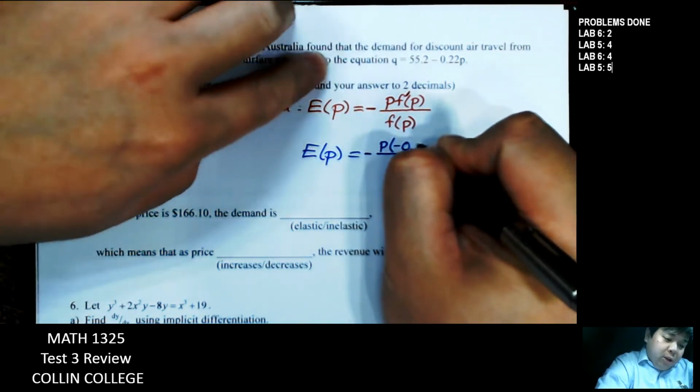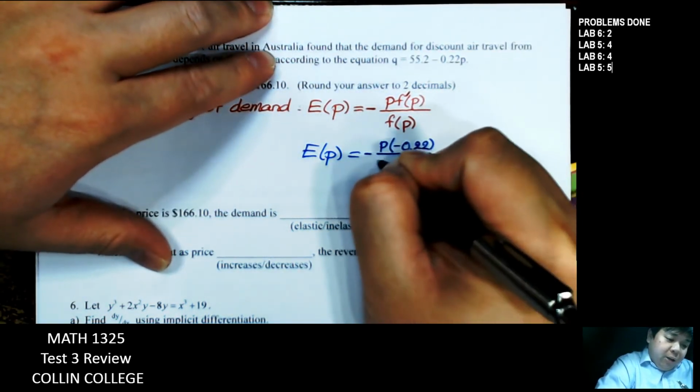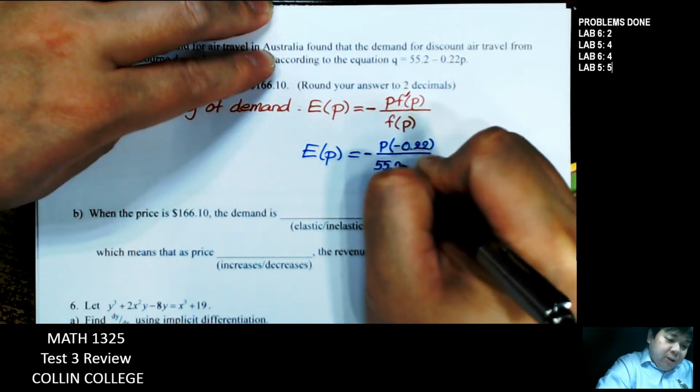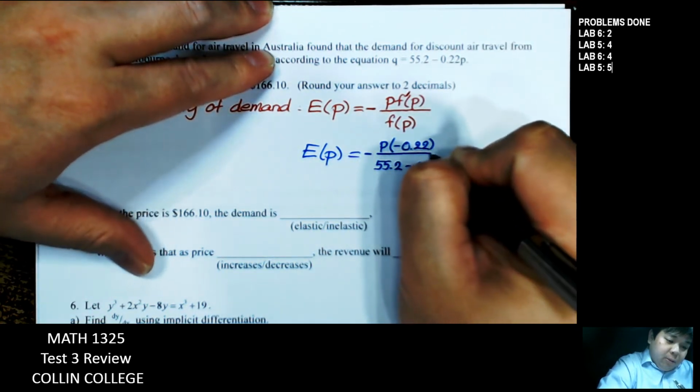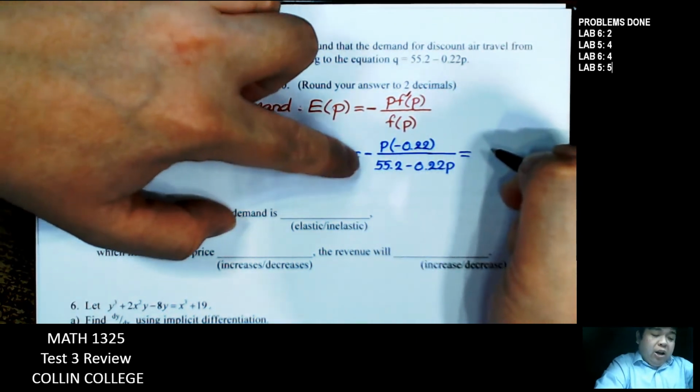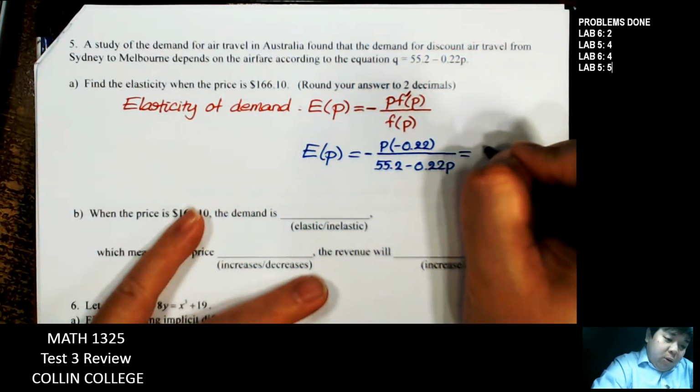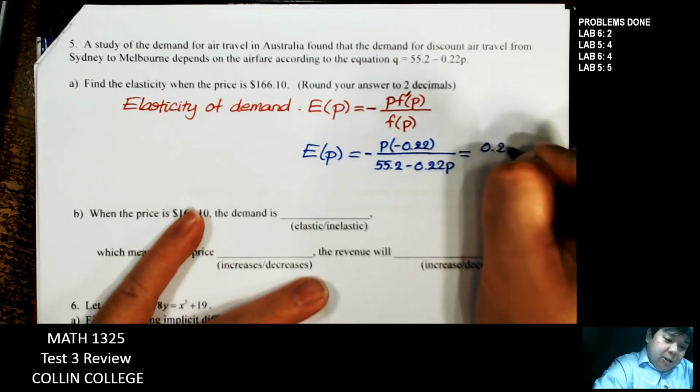For this problem, we're just going to put E of price, negative p times the derivative of this, which is negative 0.22, over the function itself.